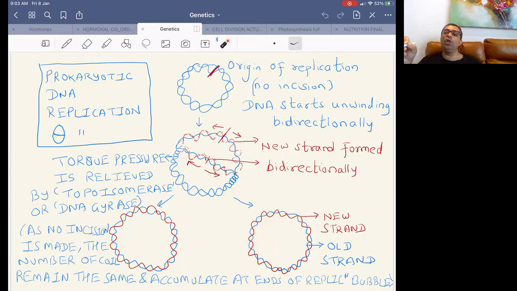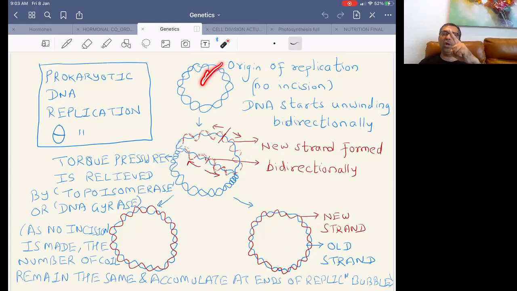What is the difference between eukaryotic and prokaryotic DNA replication? In eukaryotic DNA replication, there were multiple origins. In prokaryotic, there is only one origin. In eukaryotic, origin was broken by endonuclease and बहुत सारे fragments बन गए थे.